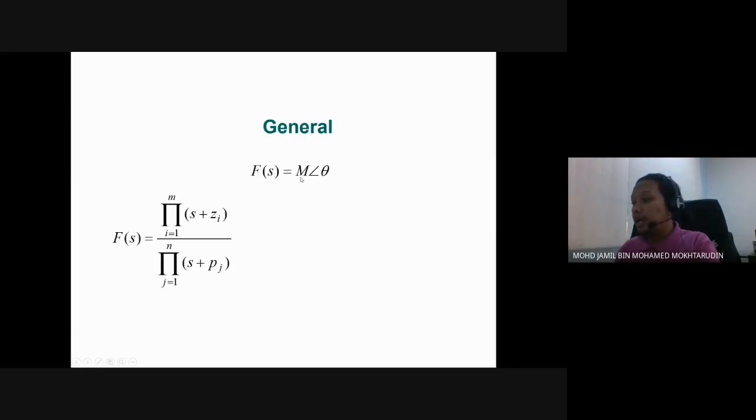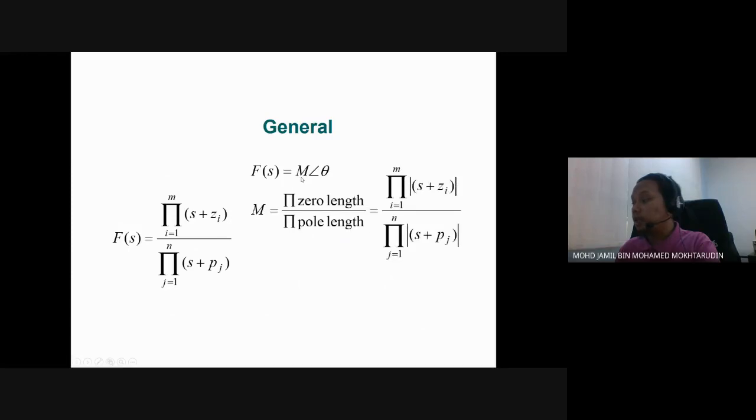Okay, so to determine the magnitude, basically you determine the length of the zeros. So first you need to find the zeros and poles for the complex number f. After you find the poles and zeros of f, then to determine the magnitude is simply by finding the length, or the m, of each of the zeros and poles. And then you find the product.